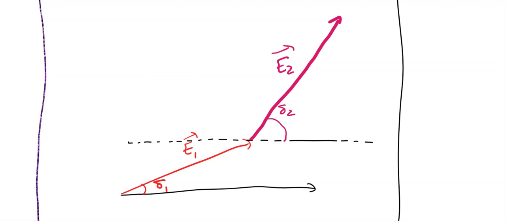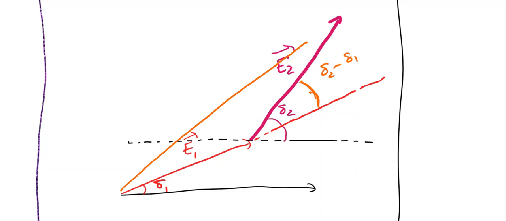Now if you extend this, you realize that this angle is delta 2 minus delta 1, and this is the resultant phasor E. If I take the vertical component, I'll get E sine.